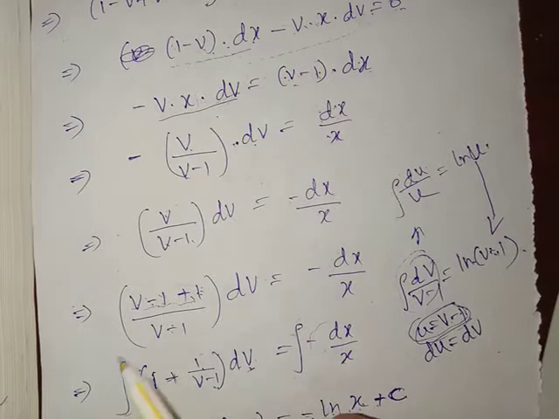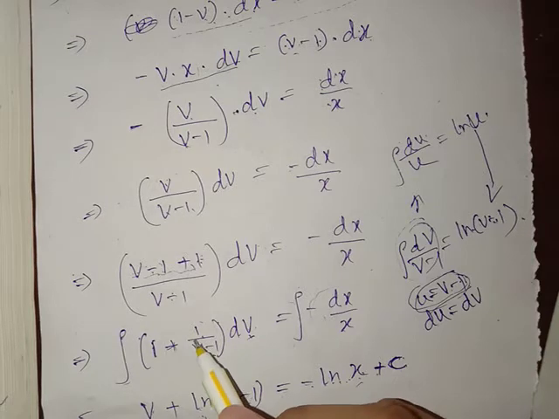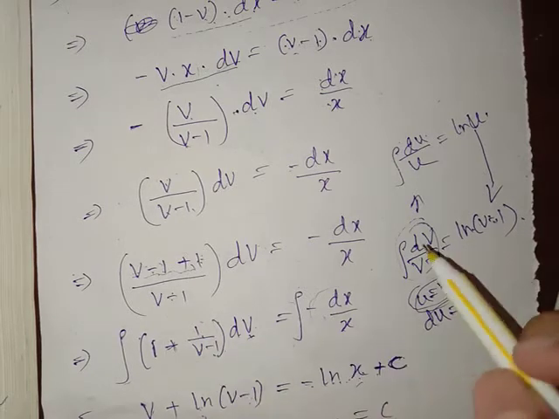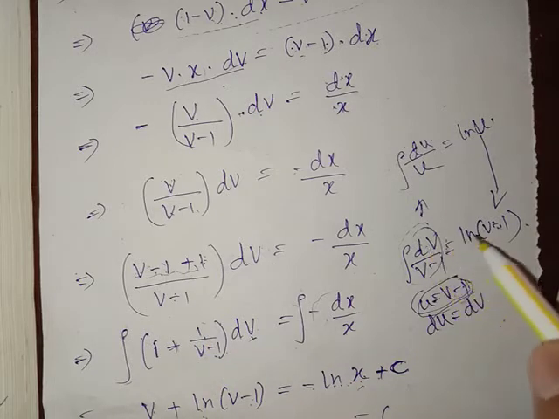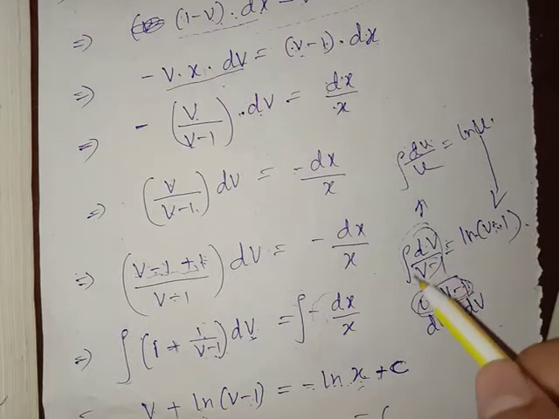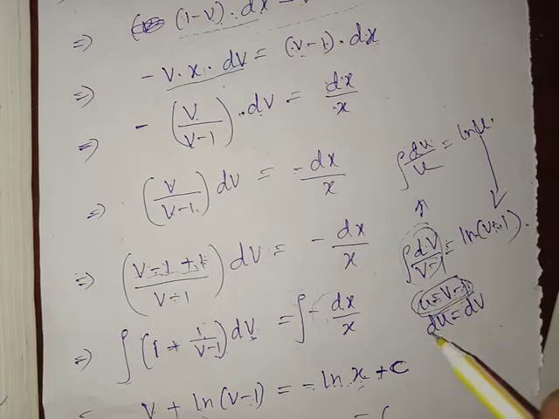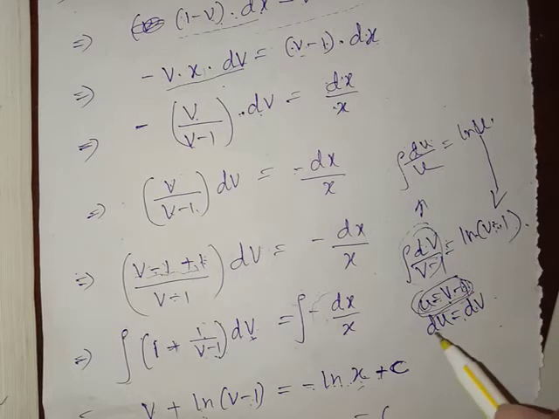On integration we get the integration of dv is v, and the integration of 1 by v minus 1 with respect to v is ln of v minus 1. Why? Because if we put u is equal to v minus 1, then what is du? The differentiation of u is dv and the differentiation of 1 is 0, so du is equal to dv.